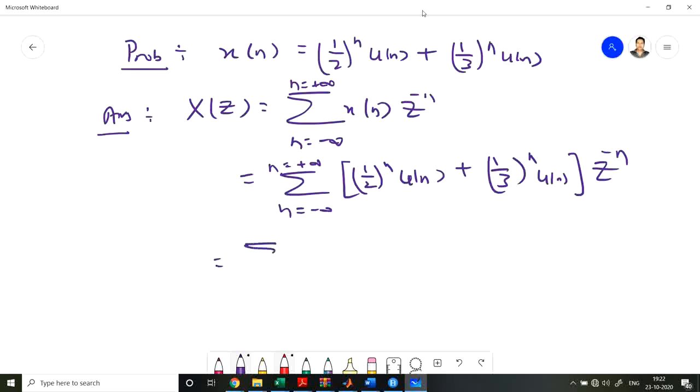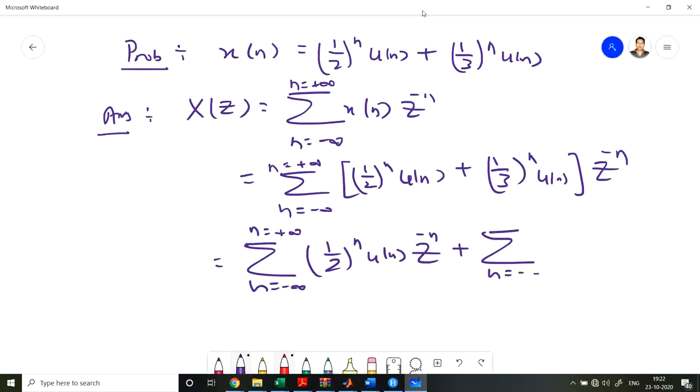It is equal to the summation of (1/2) raised to the power n u[n] z raised to the power minus n plus the summation of (1/3) raised to the power n u[n] z raised to the power minus n.